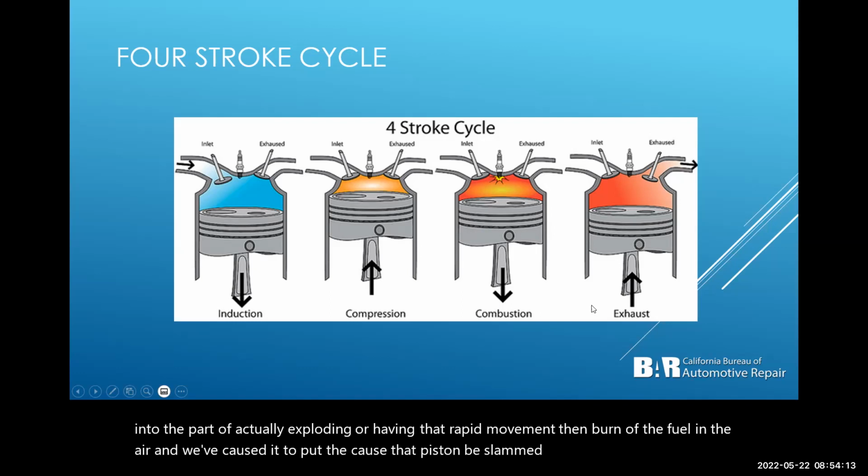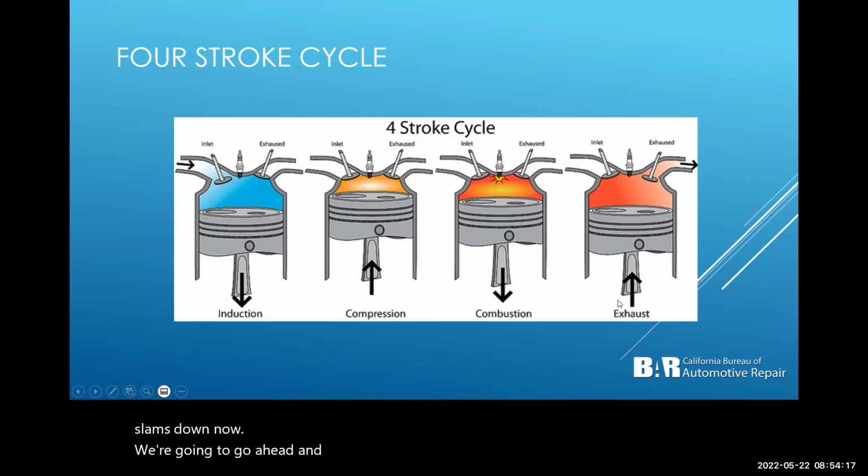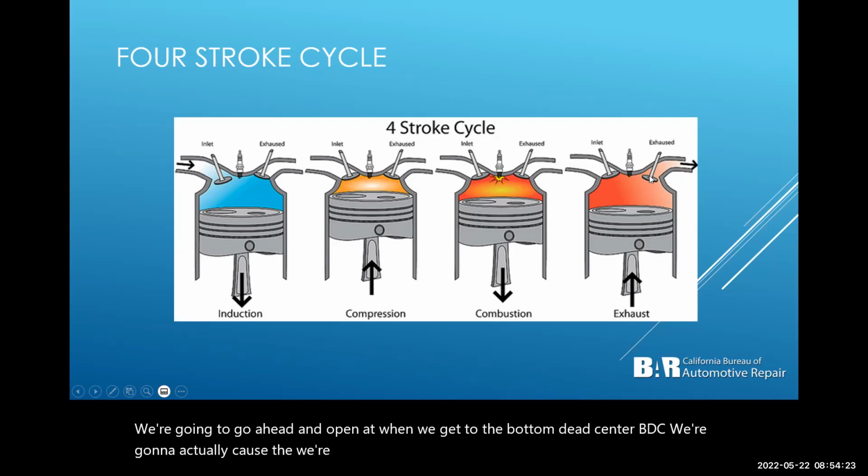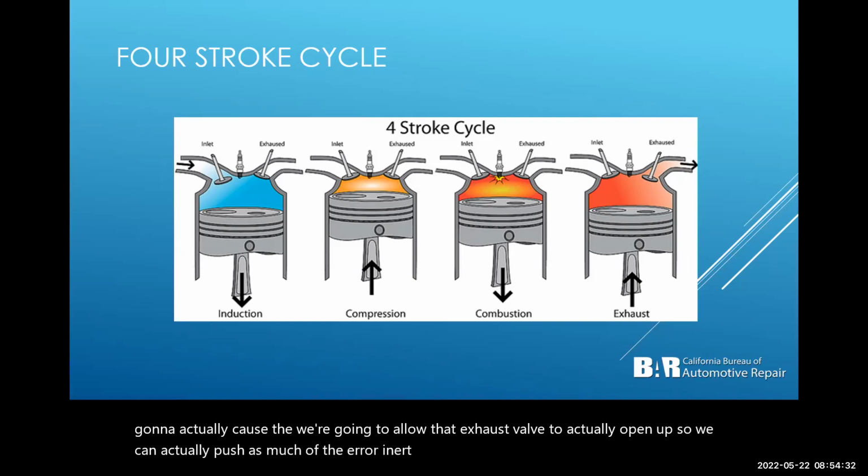And as it slams down, when we get to bottom dead center, BDC, we're going to allow that exhaust valve to open up, so we can push as much of the inert gas out as possible, okay?